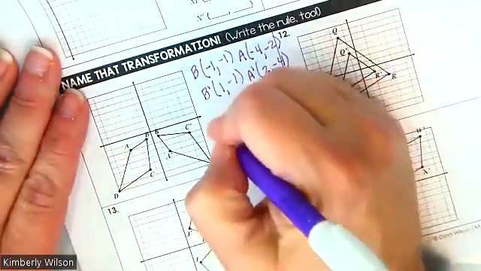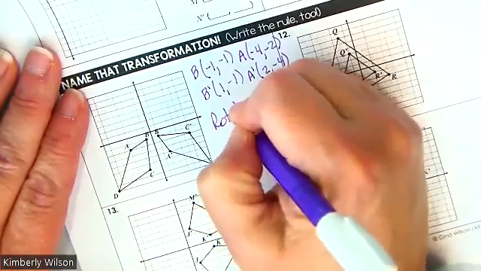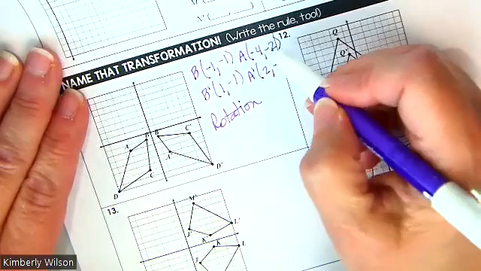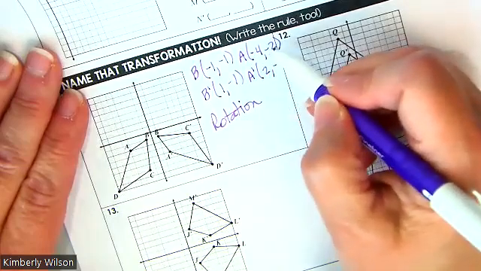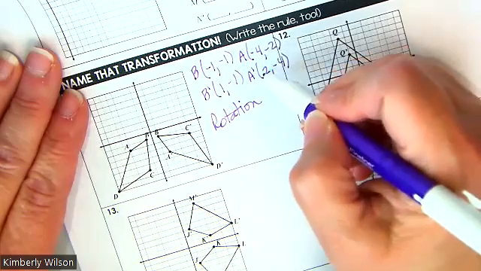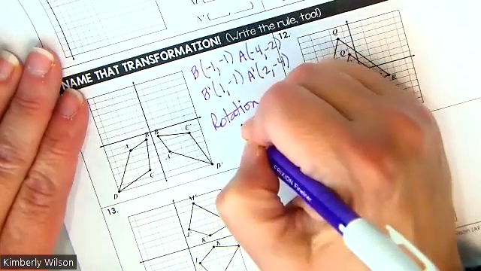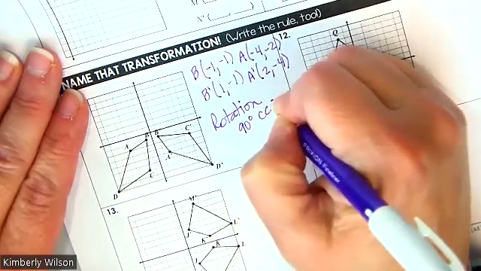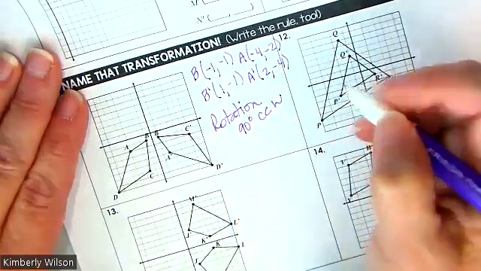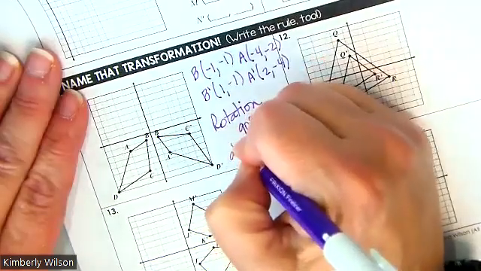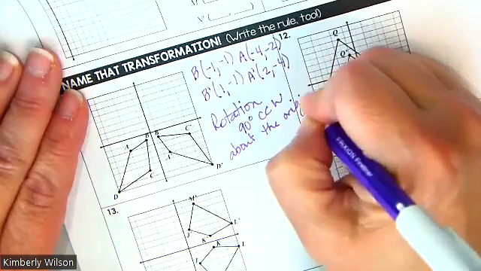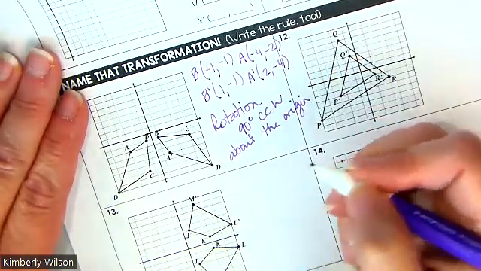So therefore, this is a rotation. We just need to figure out what type of rotation. Well, they flipped spots, and the old Y became the opposite sign. So this is a rotation that's 90 degrees counterclockwise about the origin.